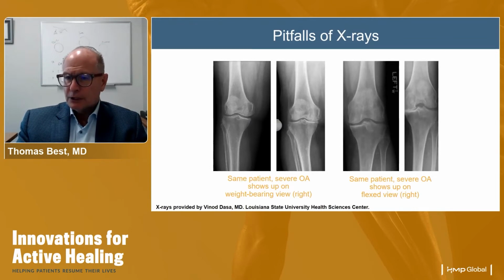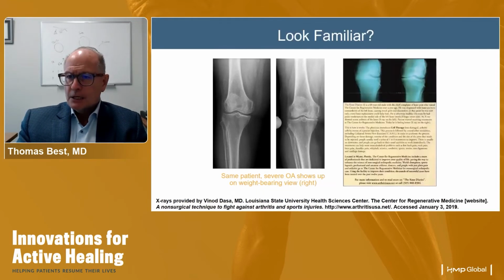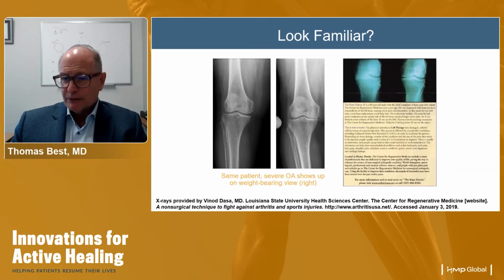In that way, you can identify the tibiofemoral joint and any associated pathologies. Does this look familiar? Well, this is a great example, again, of somebody who came into clinic. If you look at the first slide on the left, this was advertised as a standing weight-bearing film. However, when we got a true weight-bearing film, you can see how the medial tibiofemoral joint surface is pretty much bone-to-bone contact.